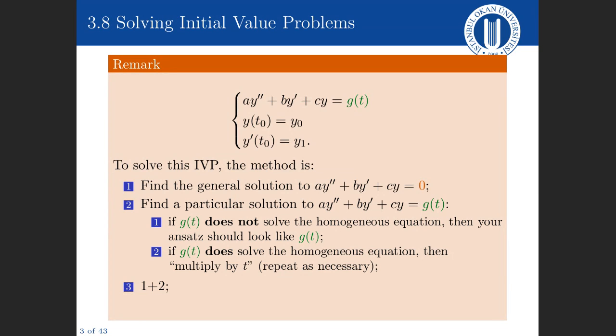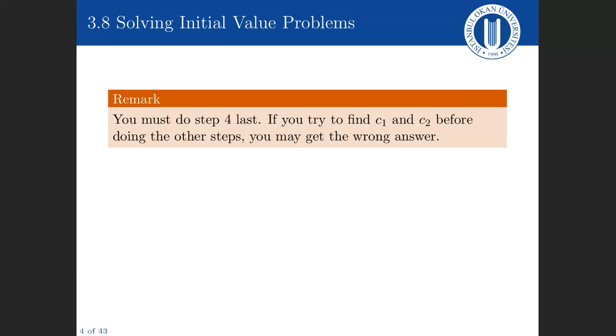Step 3, we're going to take the two functions we found and add them together. And then finally, we find our constants c1 and c2 to satisfy the initial conditions. It's very important that we do step 4 last.